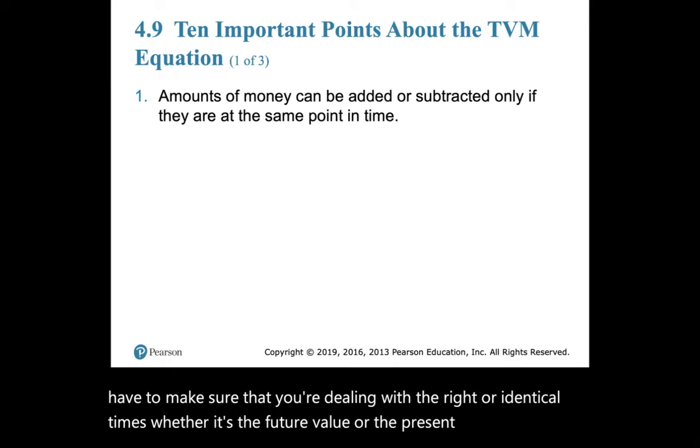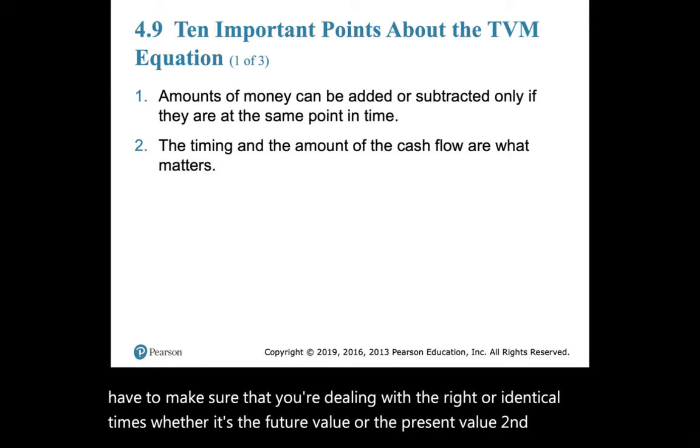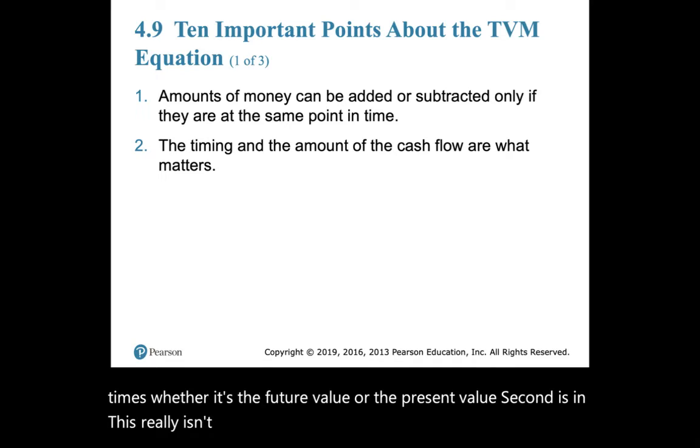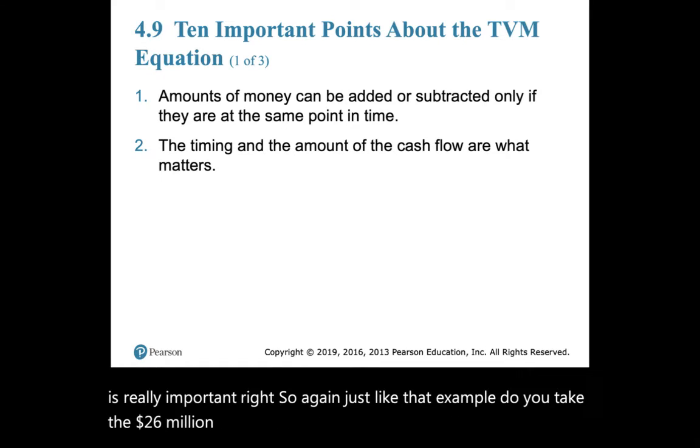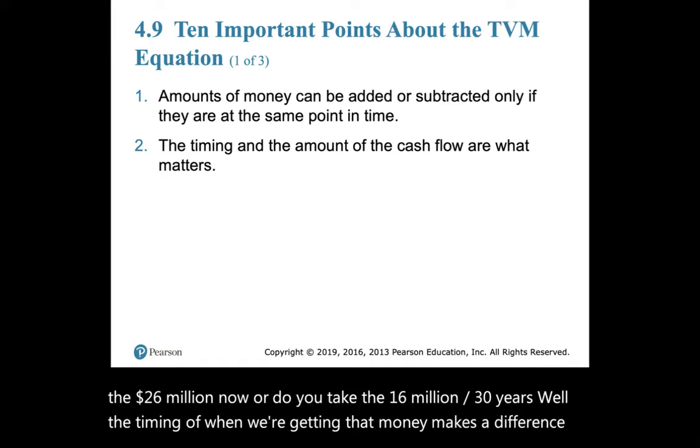Second, and this is implied in the first, the timing of money is really important. Just like that example, do you take the $26 million now, or the $1.6 million over 30 years? The timing of when we get the money makes a difference in the value.